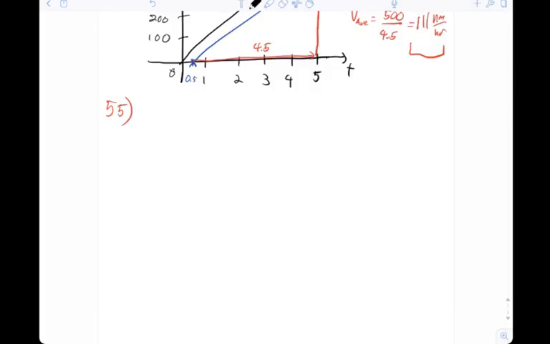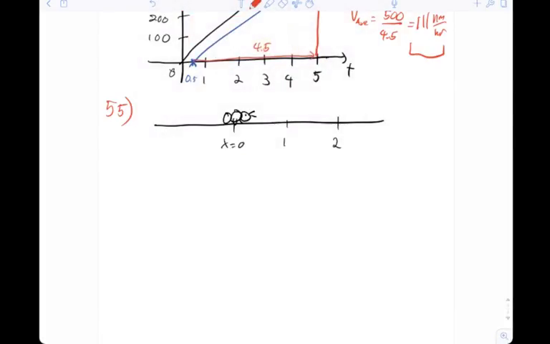Okay, so let's get on to the next question. The bug on a windowsill walks 10 millimeters per second from the left to the right. All right, let's just start by drawing it. Here's our bug. I'm going to sketch what the bug's doing in each step.